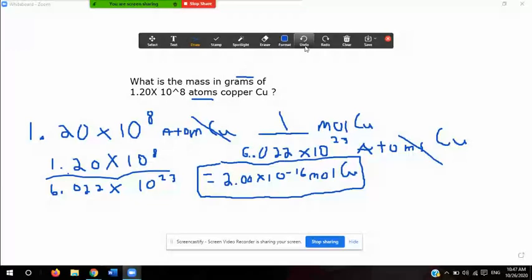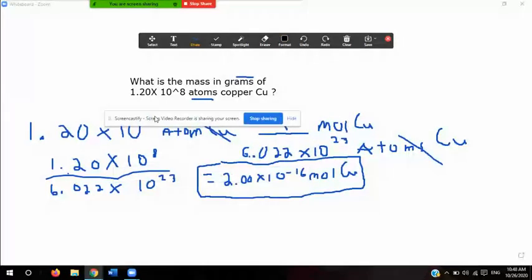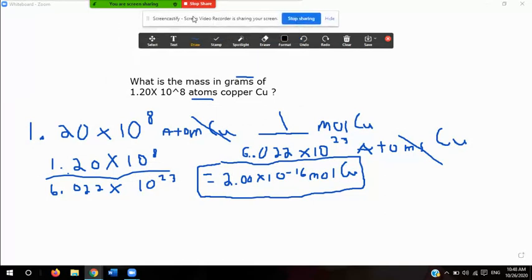So now I'm going to move this over here so I can have some space. And now I'm going to go from moles to grams. So basically I have 2 times 10 to the power of negative 16 moles of copper, which is what I got, and I'm going to turn that into grams of copper.